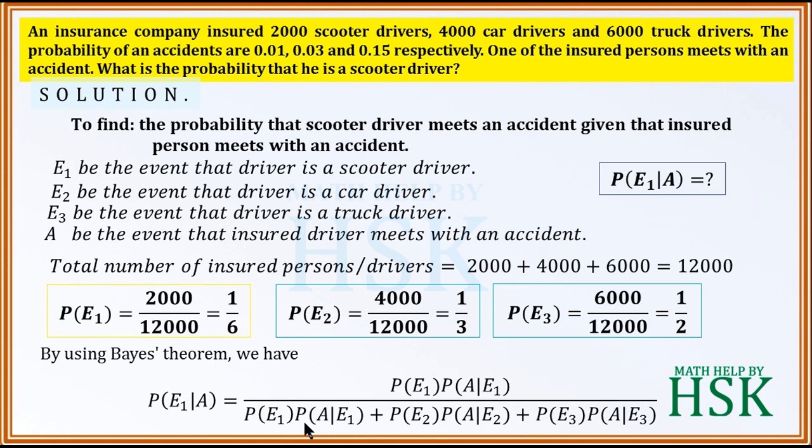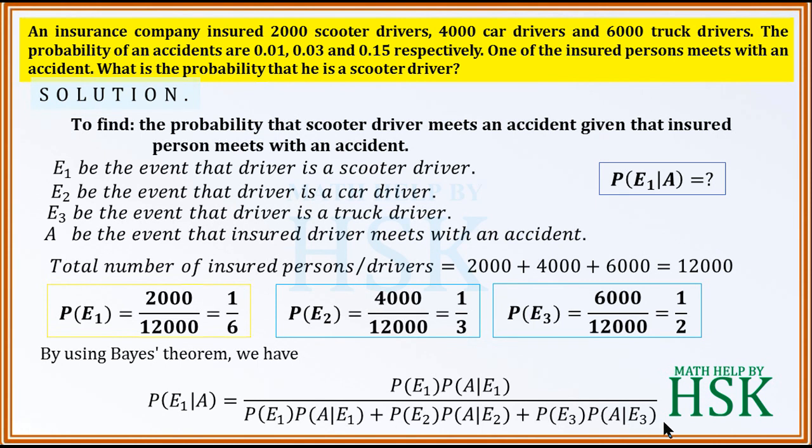It should be noted here that P(A given E1) is the conditional probability that an insured person meets an accident, given that it is a scooter driver. Similarly, P(A given E2) is the probability that an insured person meets an accident, given that it is a car driver, and P(A given E3) is the conditional probability that the insured person meets an accident, given that it is a truck driver.